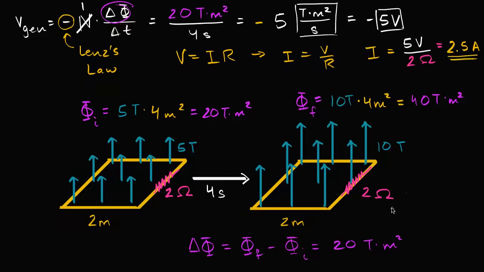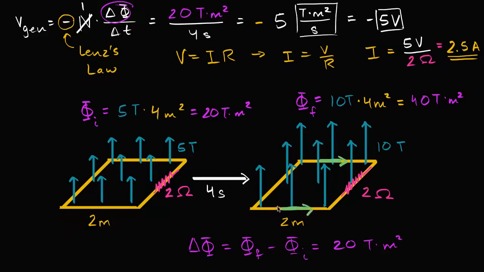Now, the next question we should ask ourselves, and this is where this little negative comes in, as a reminder for us to use Lenz's law, is which direction is that current going to go in? Is it going to go in a clockwise direction over the course of this change in flux? Or is it going to go in a counterclockwise direction?